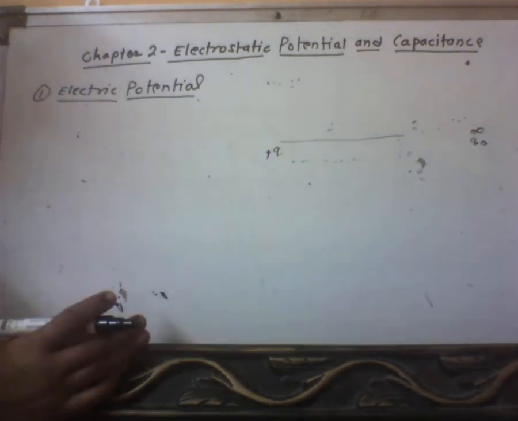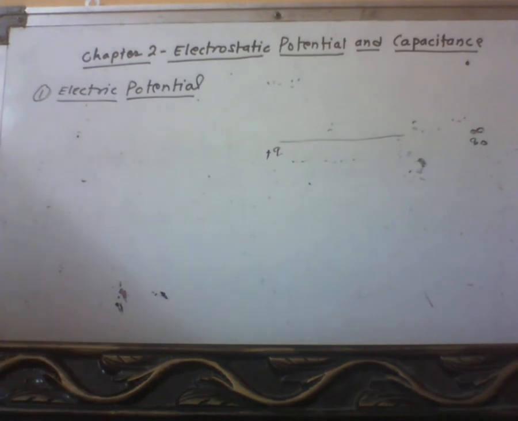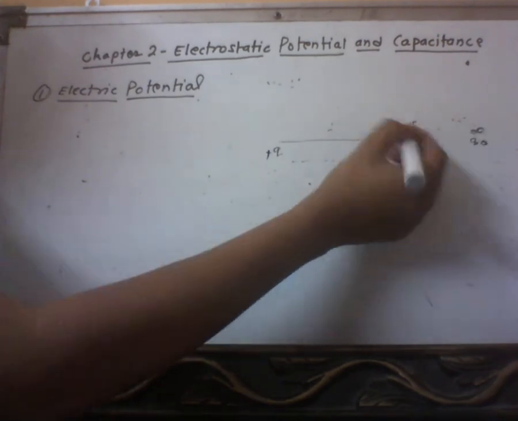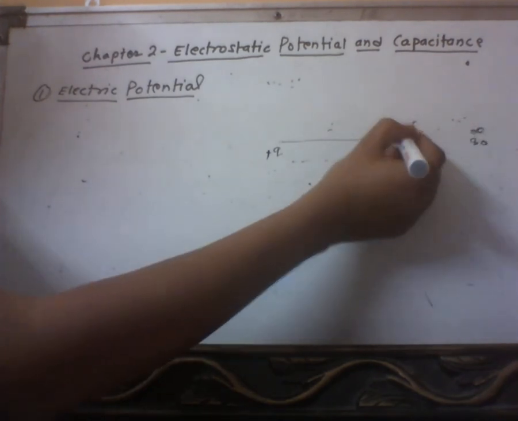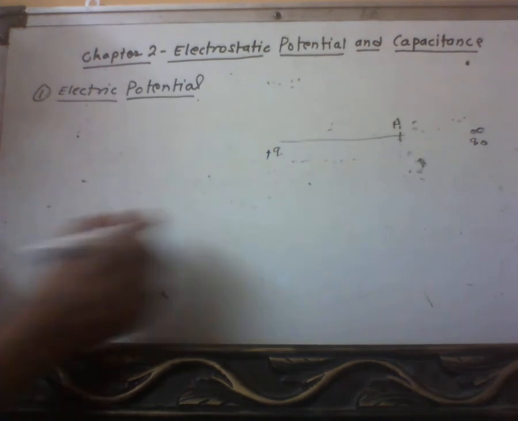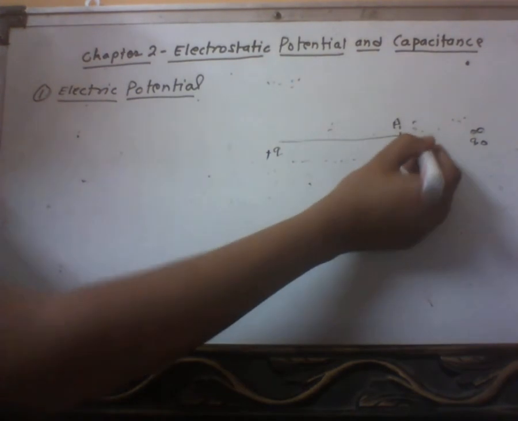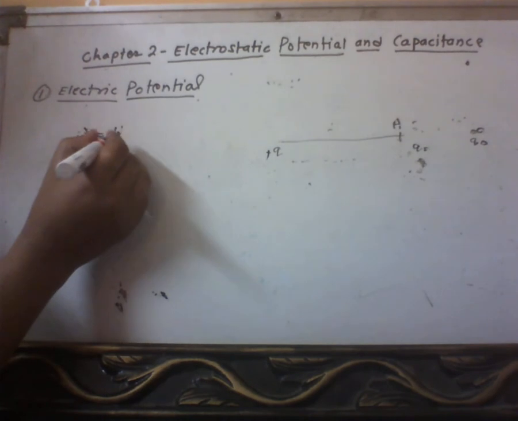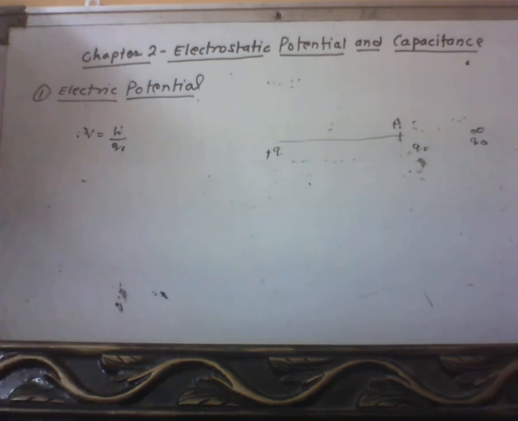So electric potential at a point in an electric field is defined as the amount of work done in carrying that unit positive charge from infinity to a point in an electric field. Mathematically it can be written as V equals W upon Q naught, where Q naught is the test charge.